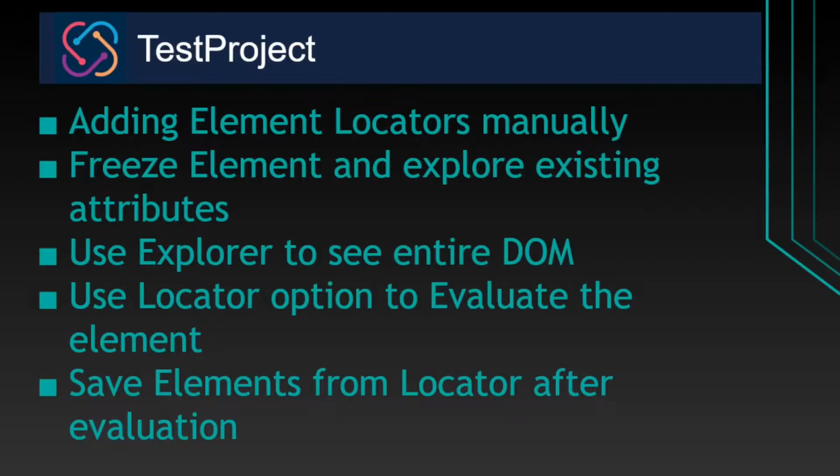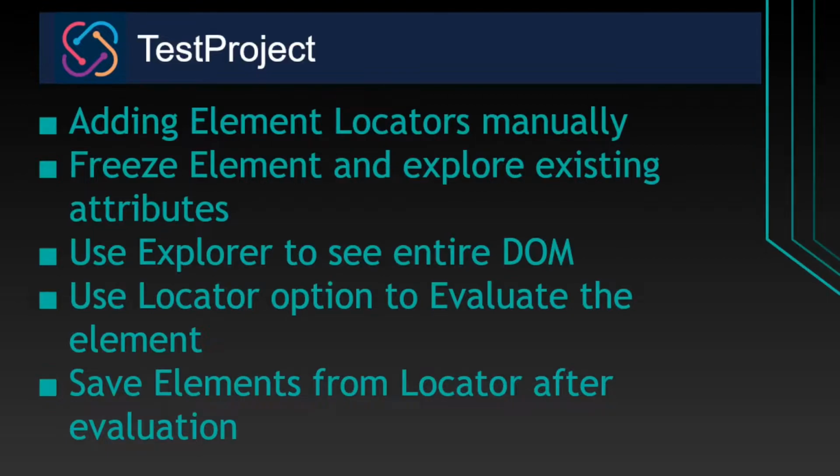I will also show you how to use the explorer option to see the entire DOM, basically the entire set of locators available on the page and the structure of these locators.